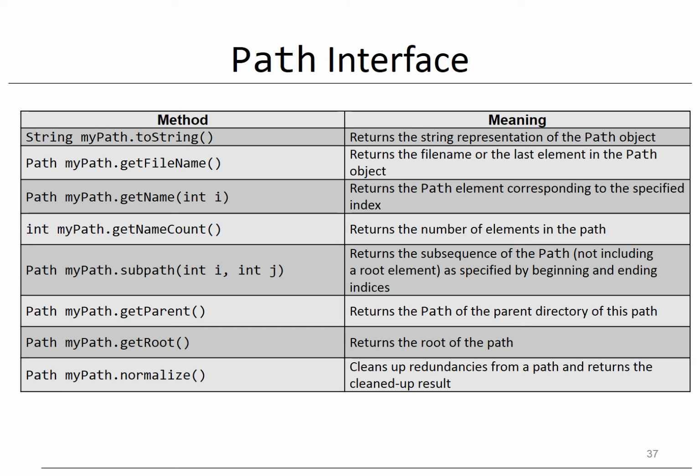The subpath(int i, int j) method returns the subsequence of the path as specified by the beginning index i and ending index j. The getParent method returns the path of the parent directory of this path. The getRoot method returns the root of the path. The normalize method cleans up redundancies from a path and returns the clean result.